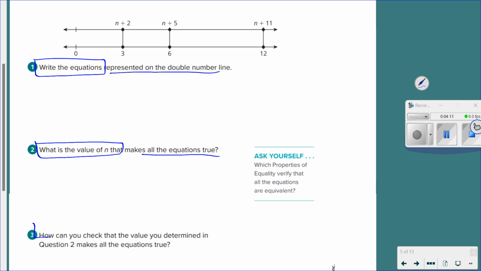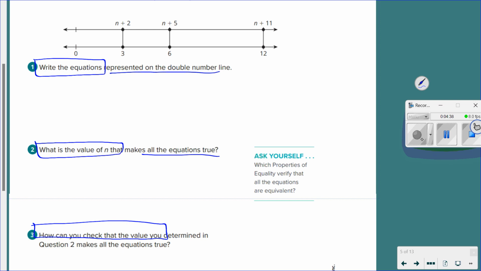And number 3, check your value. Make sure it is right. So write the 3 equations, find the value of n for each one, and then check your answers. Any questions? Good. I'm going to give you about 6 minutes. Go for it.